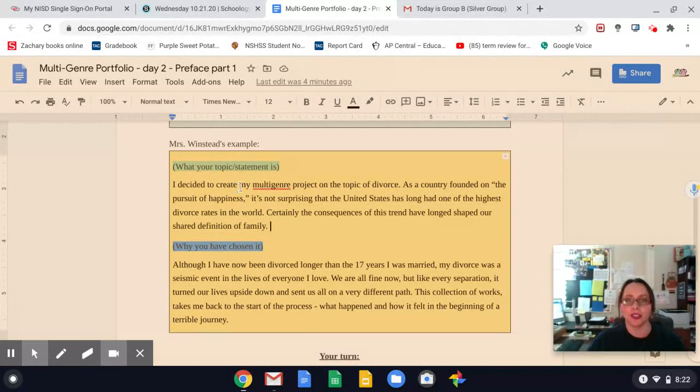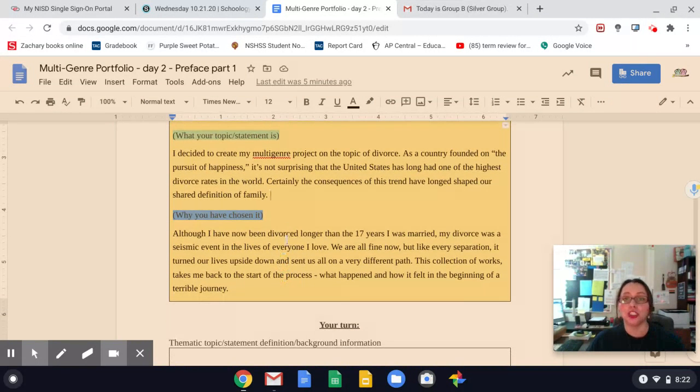In the first paragraph that she writes, it's about information about her topic or statement, some real world connection, some background information, maybe even a definition. Think of this as your introduction that you would normally do in a regular essay. So she is talking about the topic of divorce. She makes that connection, how it's something in the United States, it's very prevalent, but also around the world. And then the second paragraph is why she chose the topic of divorce and what it means to her, how it plays a role in her life, why is it important.